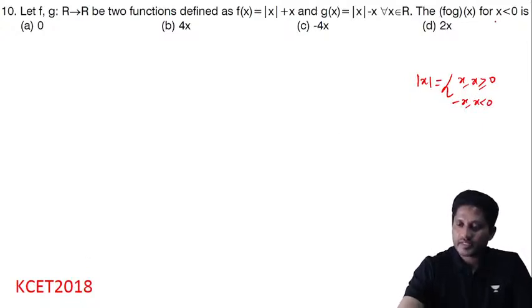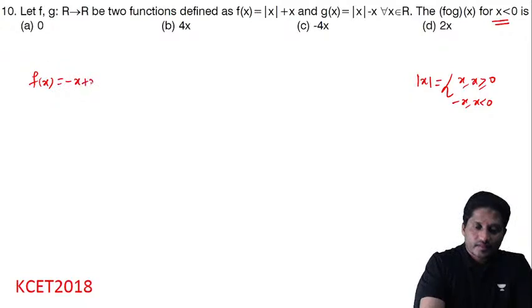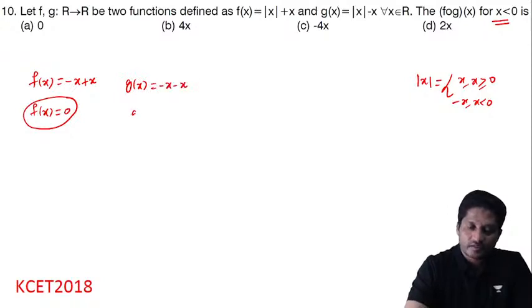Now it is given in the question that x is negative. If x is negative, mod x will be equal to minus x. So f of x is equal to 0, right? Now g of x is equal to minus x minus x, so g of x is equal to minus 2x.